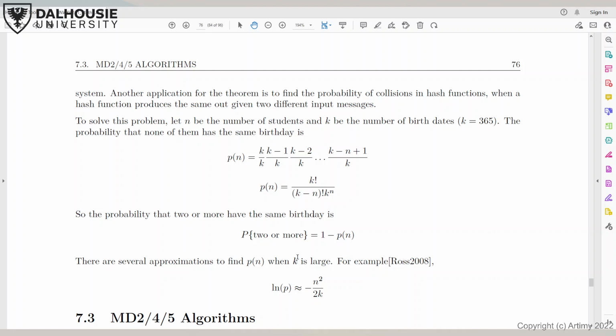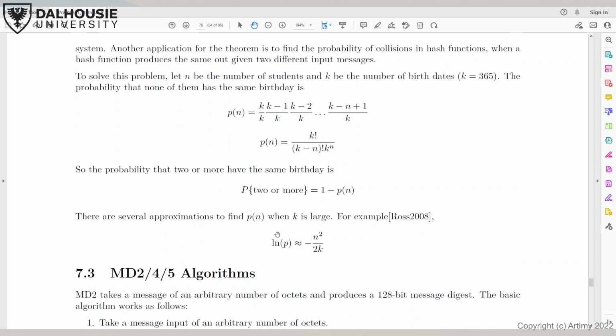Now, k factorial, as we saw in earlier chapters, and k to the power n, when n is large, may result in really huge numbers, and finding the probability will be difficult. So there are many approximations to the birthday problem. One of them says here that ln p, the natural logarithm of p, is approximately minus n squared over 2k.